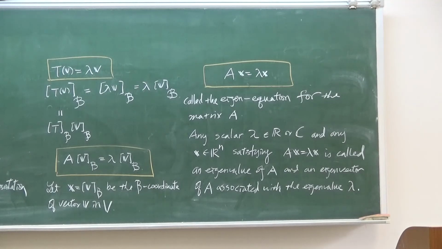A scalar λ is an eigenvalue of A if and only if the determinant of A minus λ times the identity matrix is 0.